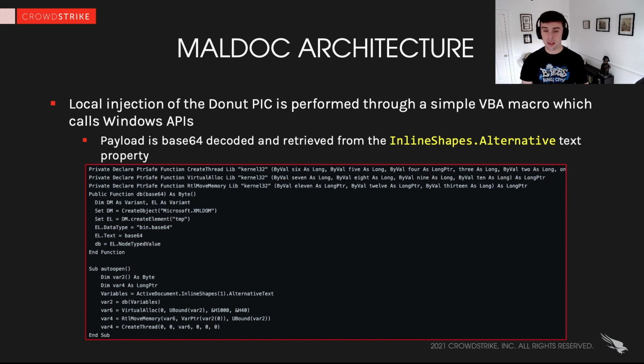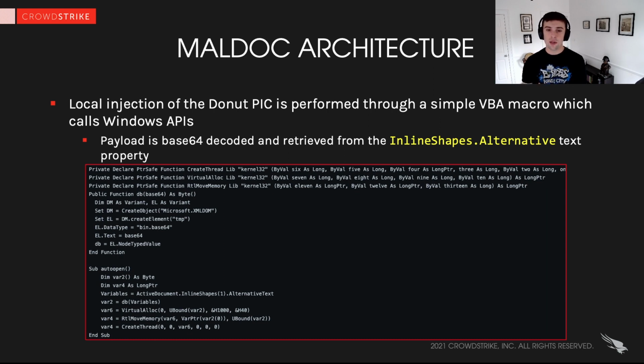So, after we use Donut to convert the .NET assembly which performs the remote injection, we can load that into memory using a simple VBA macro which calls a few Windows APIs. First of all, the payload is base64 decoded, because in the future we will be encoding it in base64, and it's stored in the InlineShapes.AlternativeText Word property.